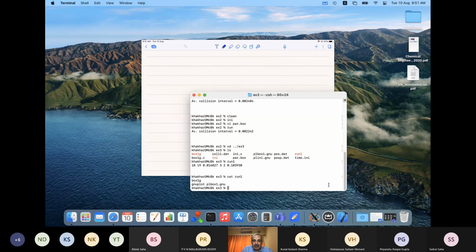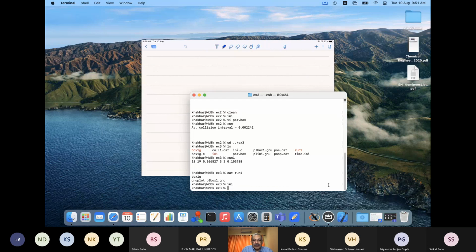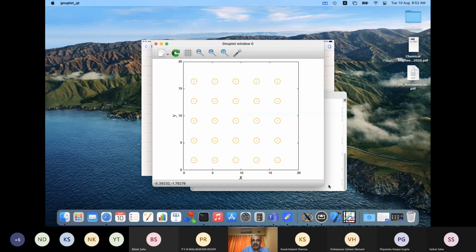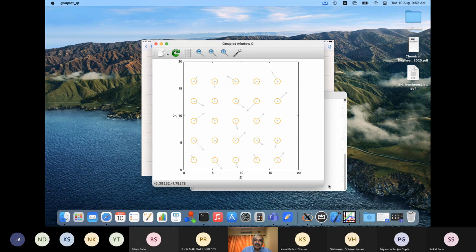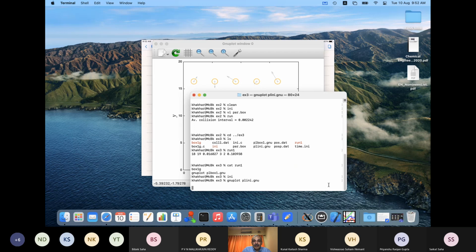I'll initialize it first, and then I'll show you the initial positions, which are exactly the same as before. This is the initial positions of the particles, and these are the initial velocities. So this is exactly the same as box 1G.